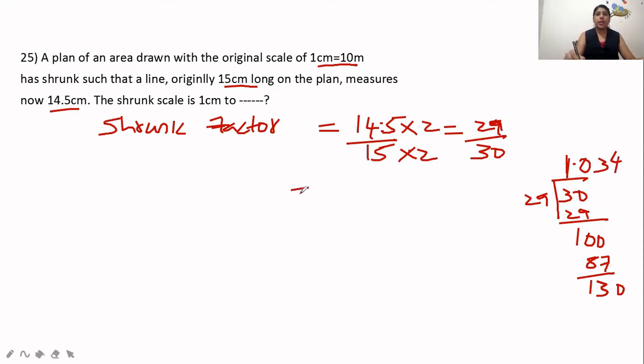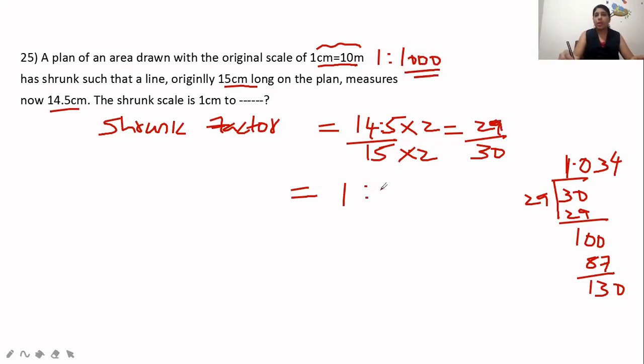I want to express it as 1 is to what? Because already the scale is given, 1 centimeter is equal to 10 meter. What is the scale there? 1 is to 1000 is the original scale actually.